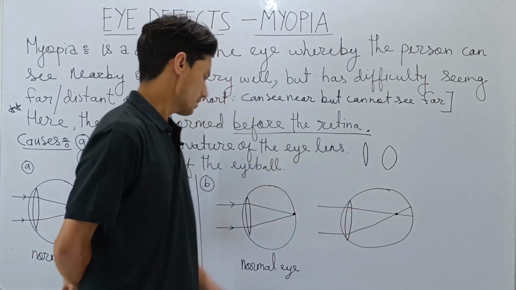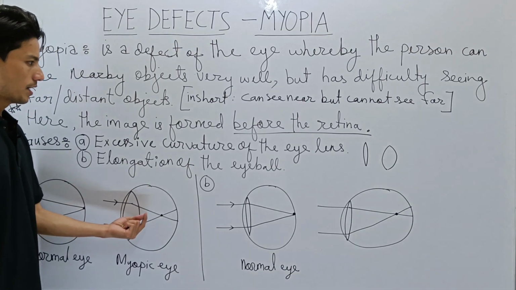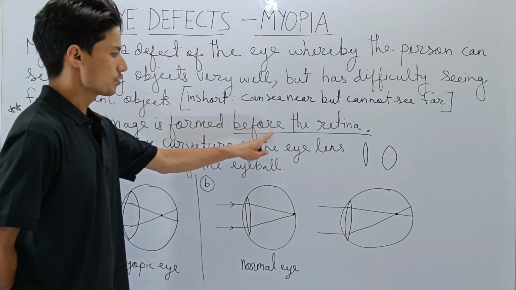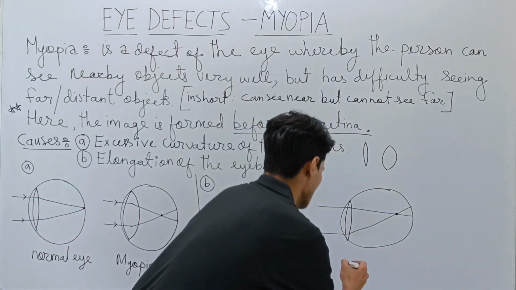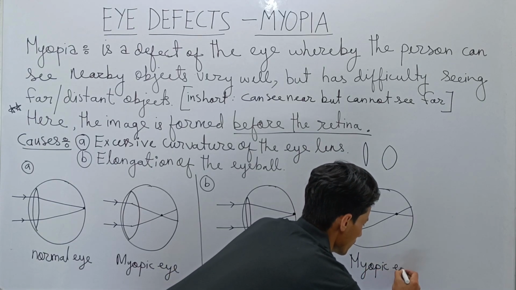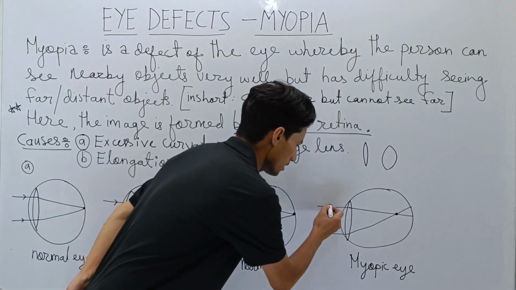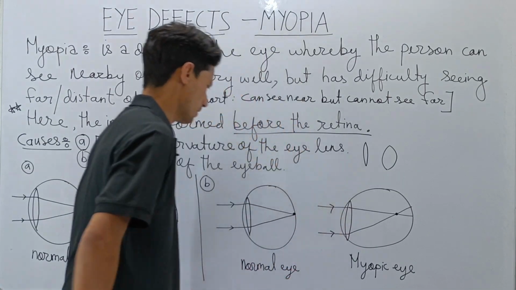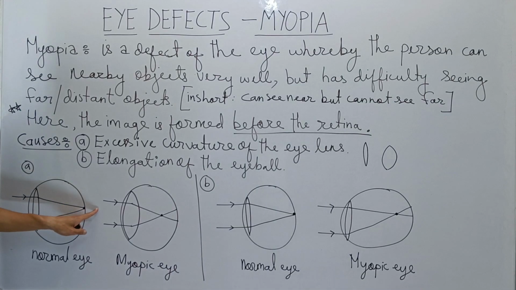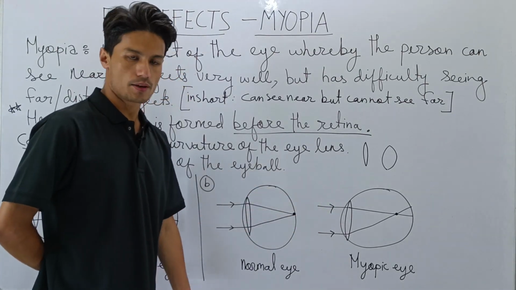So in both the cases, you will find that the image is formed in front of the retina. That means it is formed before the retina. So this is myopic again. So this is myopic eye. Okay, so these are the explanation for the two causes, which is excessive curvature and elongation of the eyeball.